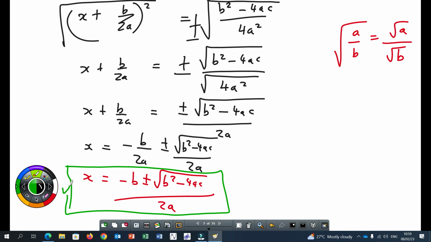Now you know that it comes from completing the square of the general equation of a quadratic equation. So with this formula, you can solve any quadratic equation. Whether the quadratic equation can be factorized or not, this formula here can help you to solve any quadratic equation going forward. Yes.